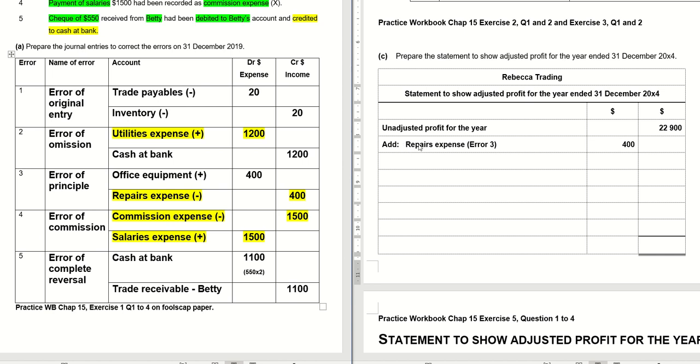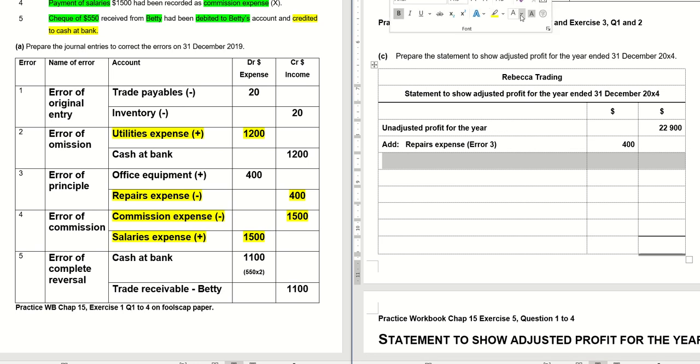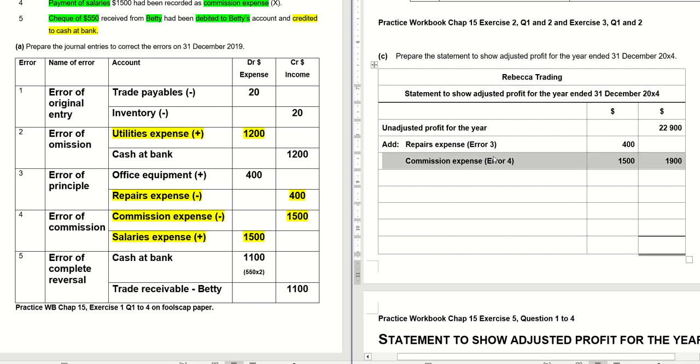So I will add repair expense, then I'll write error 3. The next item that will increase profit is this commission expense because it's in the credit column. So I will also continue to write that under repair expense, under add. So add commission expense. All right, 1,005. I add the two values up together in the second column.